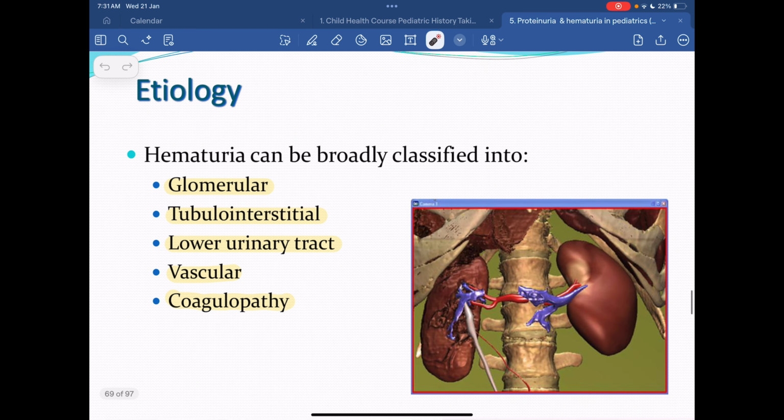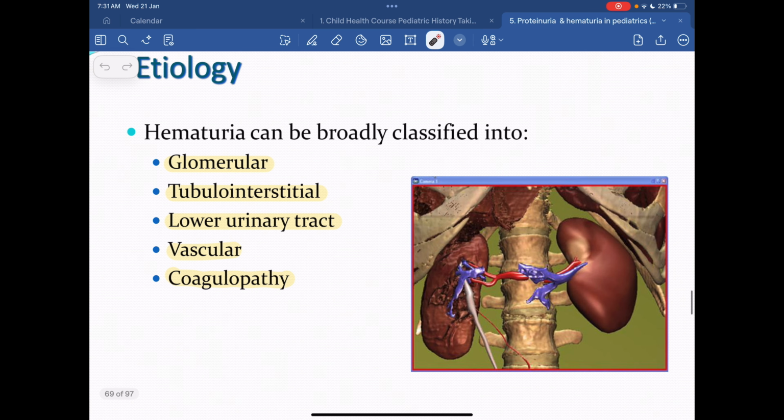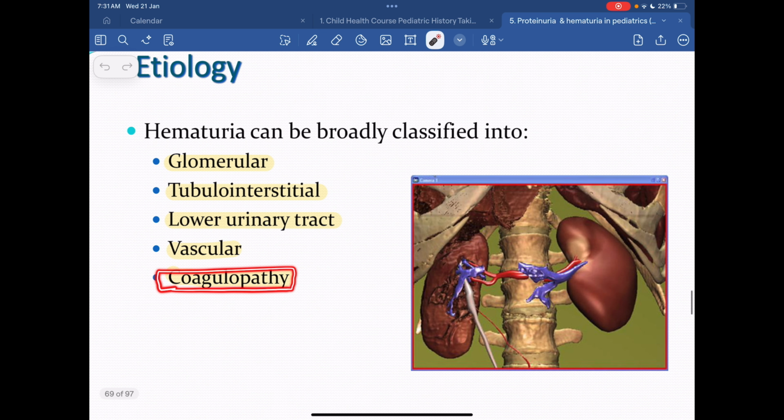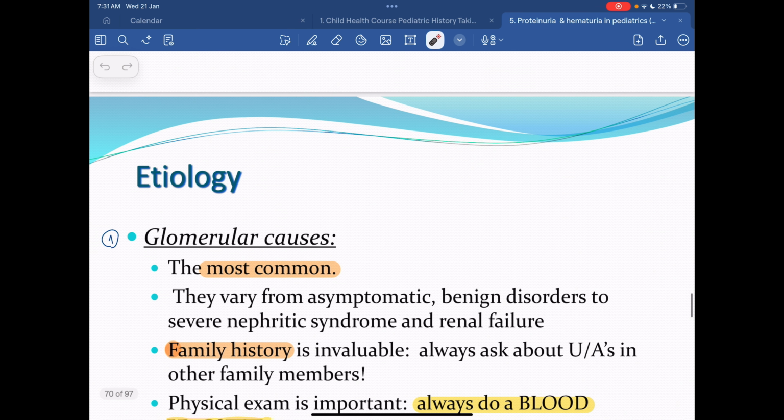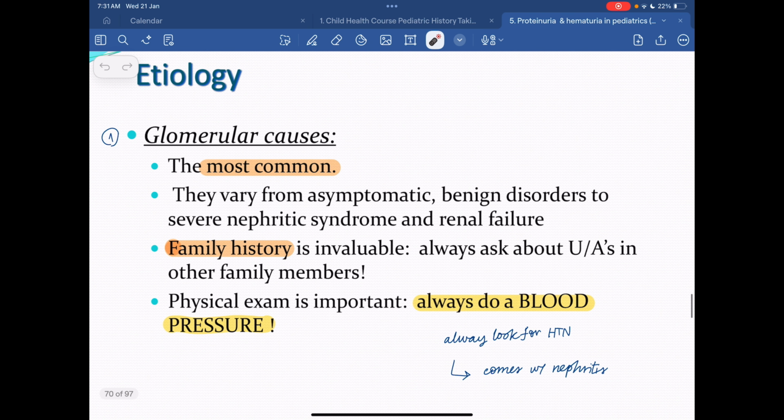The etiology here is more than the etiology of proteinuria. We could have glomerular, tubular interstitial, or it's not related to the kidneys but to the lower urinary tract. It could be a vascular cause of bleeding, or we have coagulopathy. Glomerular causes are the most common.